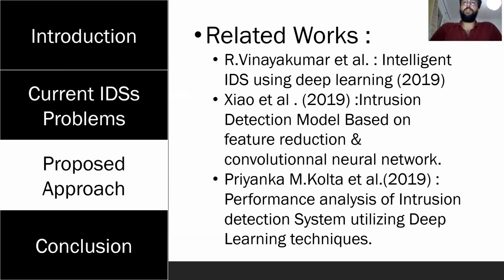Then there is Priyanka M. Kolta et al. in 2019, who did a performance analysis of an intrusion detection system utilizing the deep learning algorithm. And there are many other researches in cybersecurity, especially in the IDS domain.